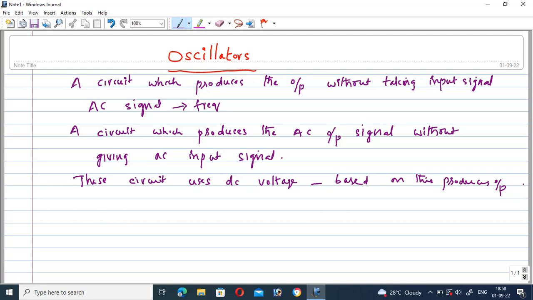Next, there are different types of oscillators. A circuit which generates a sinusoidal output is commonly known as an oscillator circuit.